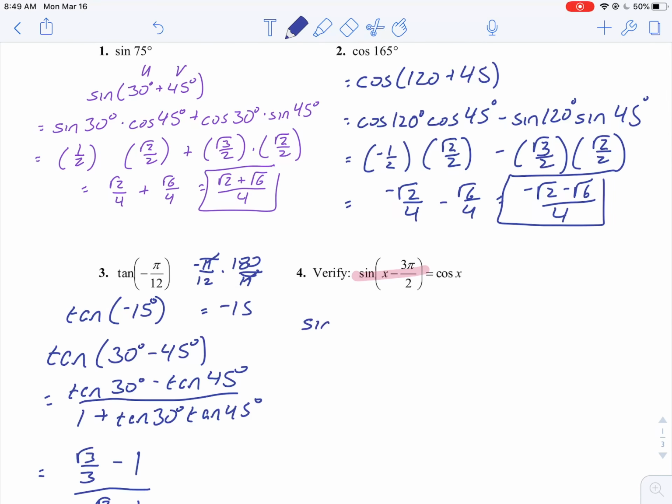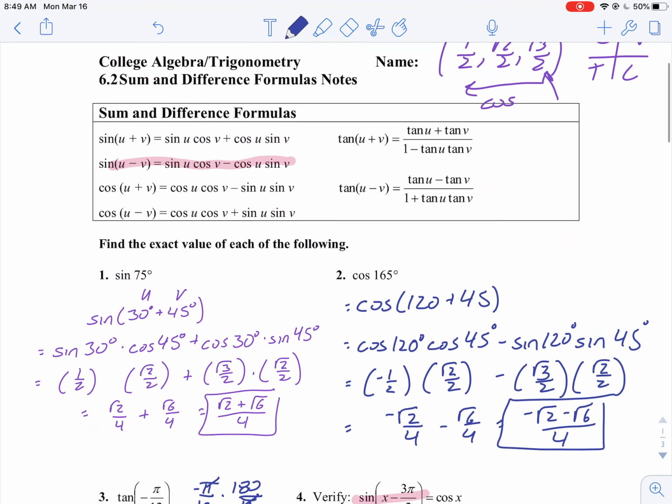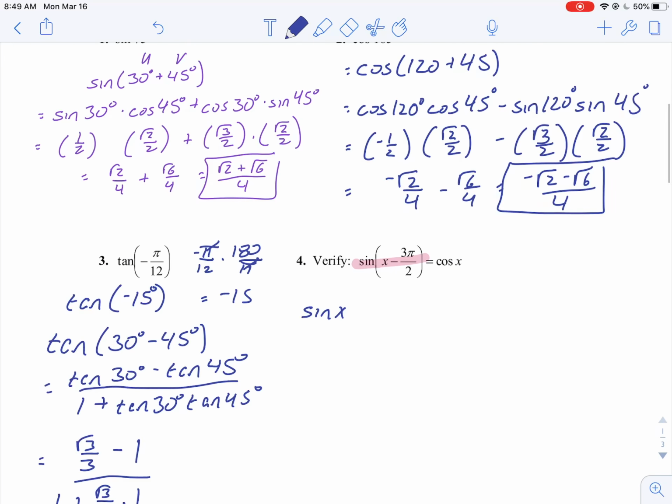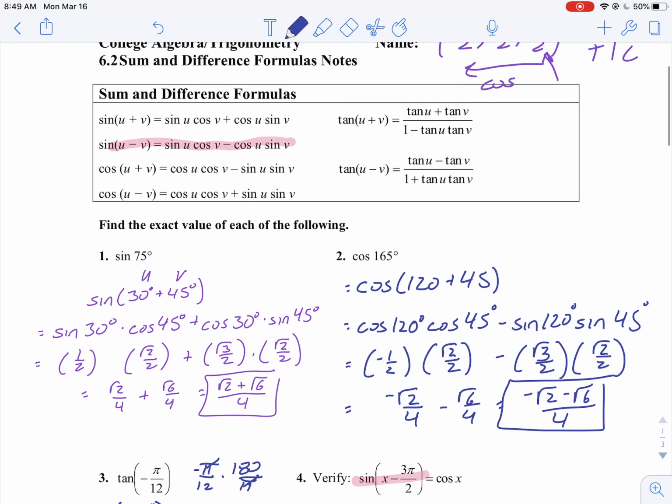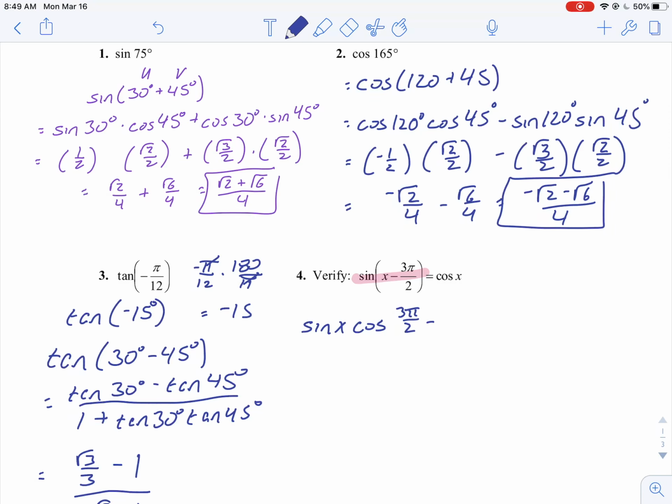So what I have here is the sine of x times the cosine of 3 pi over 2. My sine is the same, minus cosine of x times the sine of 3 pi over 2.